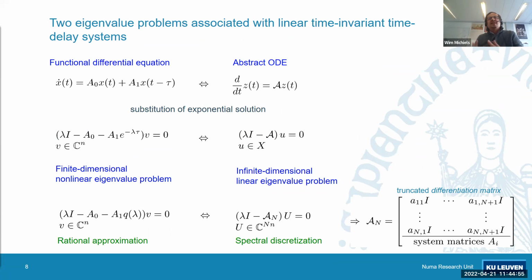It's also translating itself to the frequency domain. When you look at stability, you have to look at an eigenvalue problem, and you end up with either a finite dimensional nonlinear eigenvalue problem, nonlinear due to the exponential, or an infinite dimensional linear eigenvalue problem. And of course, in this situation, you can take the best of both worlds.